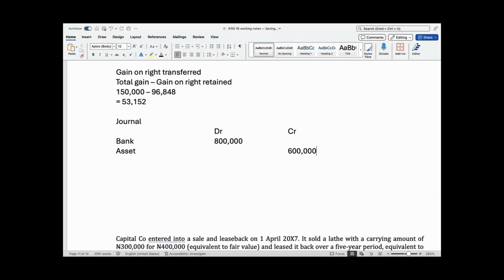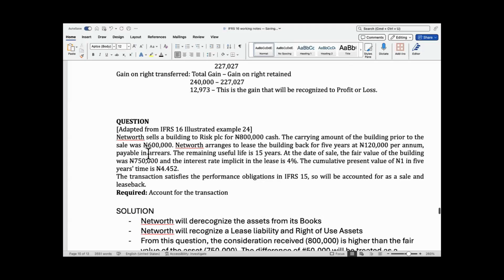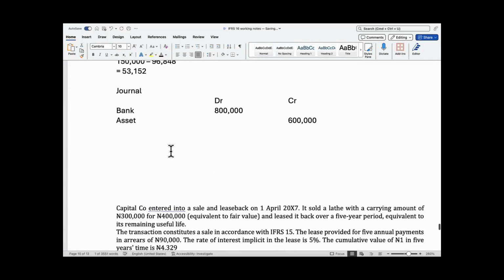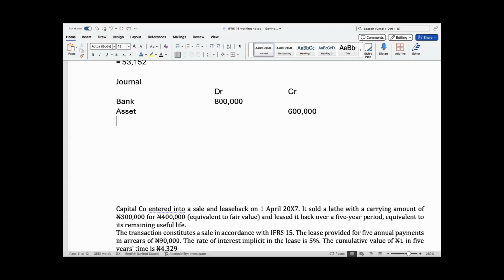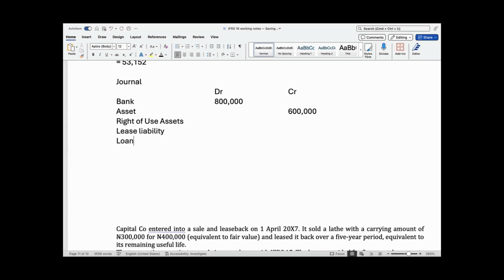He will remove that from his books, the 600,000. Then he will recognize right of use assets and lease liability. And we separated the lease liability from the loan.